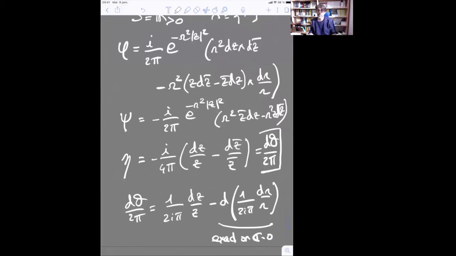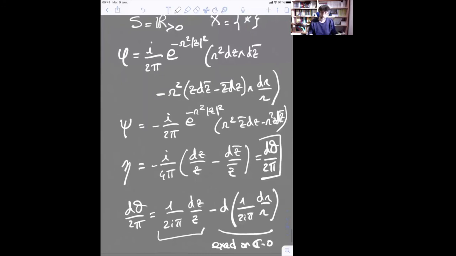So this is the first occurrence from this point of view of the dz over z part, which made a crucial appearance in the description of the cocycle in the affine case.